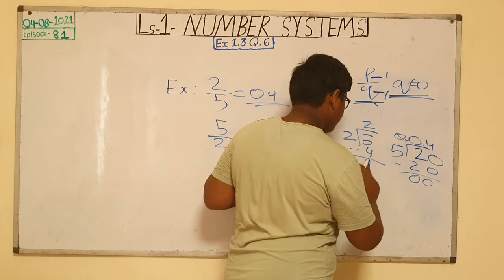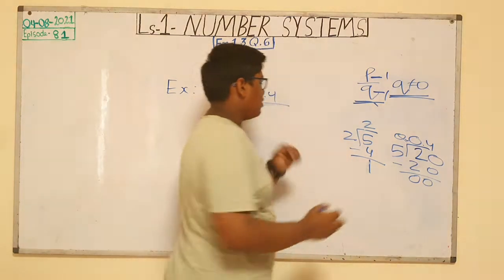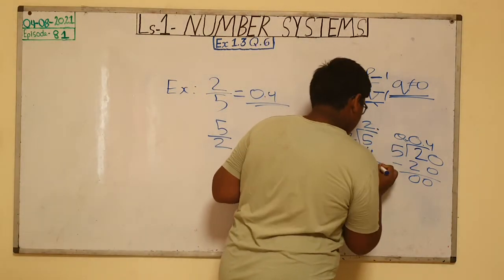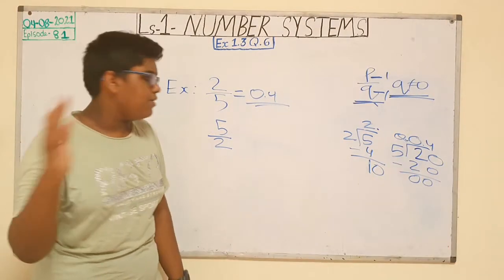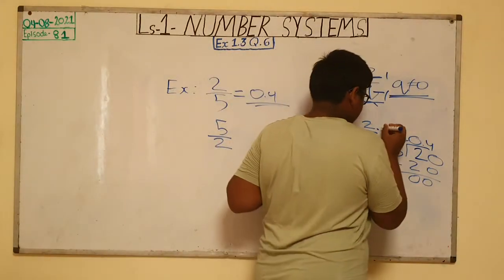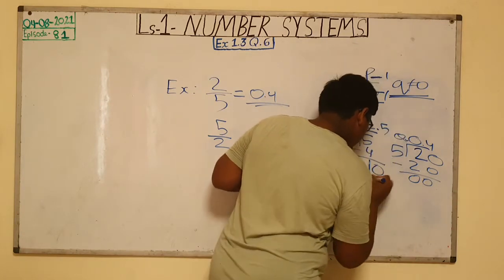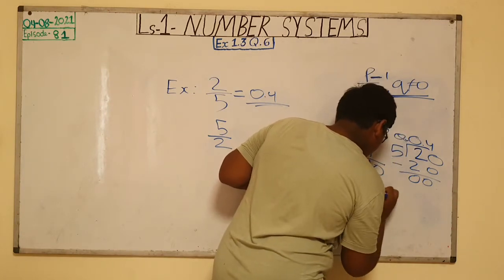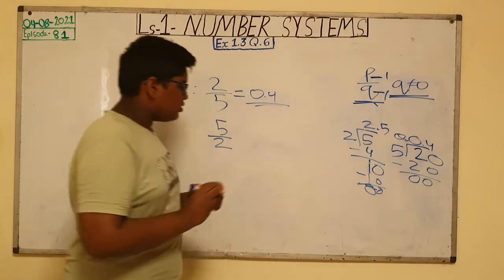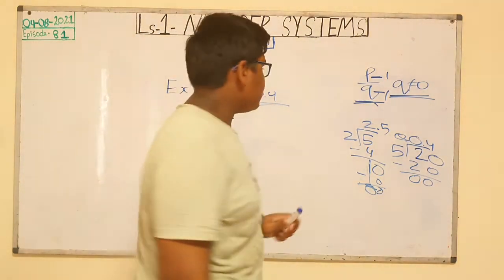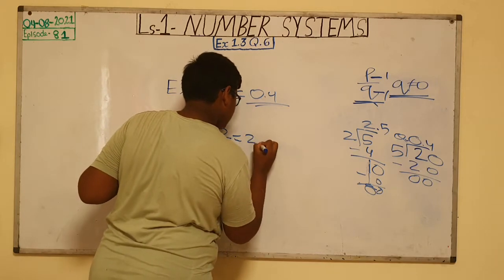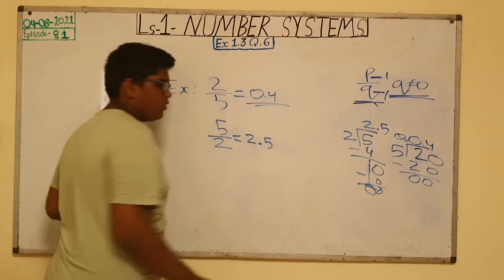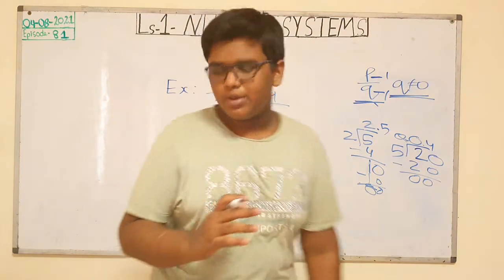Now we are getting 1, so we can take a point, so 2 point. Now we will have 10. Now 2 5s are 10. Then we can subtract it, we get the remainder as 0. So this is how we can find the decimal expansions, right? So this will be equal to 2.5.